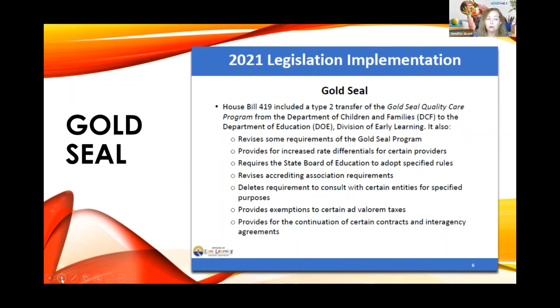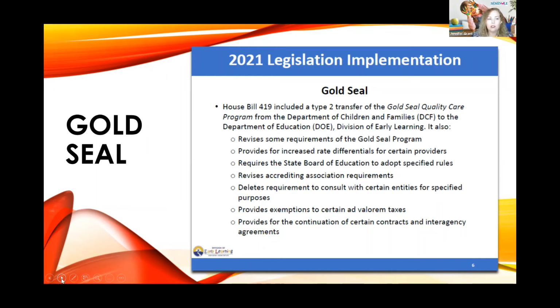It's going to require the State Board of Ed to adopt rules, revises our accrediting association requirements. So if you're GoldSeal right now, we're going to have to watch this to see if the new rules continue to have your accrediting body covered. So we'll be working with those groups as well, but I want you to be aware of that.